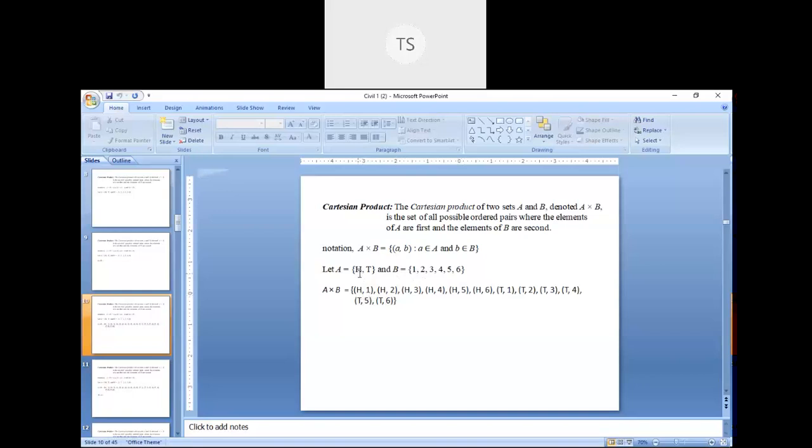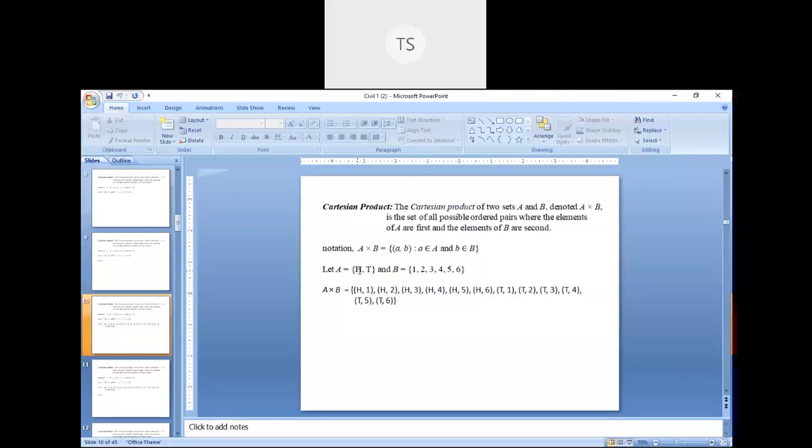Then H2. Next I will write H3, then H4, H5, and lastly H6. So these elements are related with our first element from the first set A, that is H.